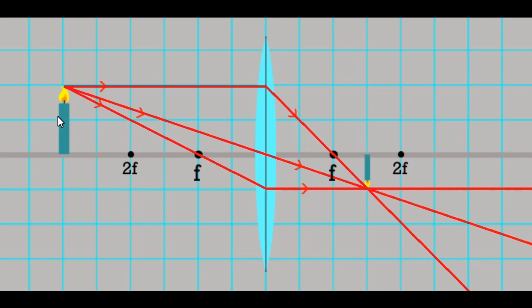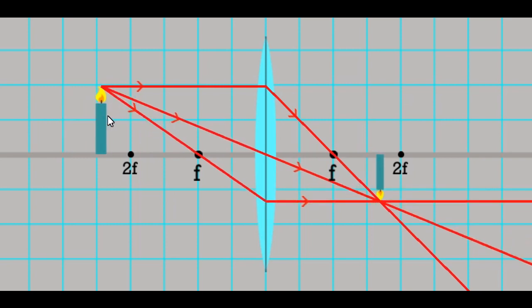It is small, inverted and a real image. So when we keep the object between infinity and 2f, the image will be formed between f and 2f. The nature of the image is real, inverted, and small.